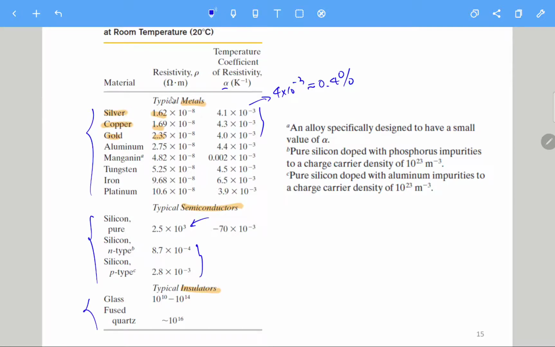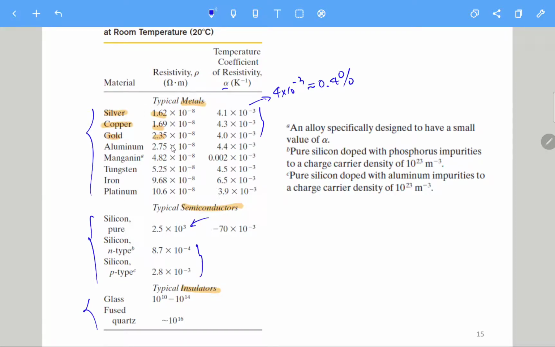Actually, we like to use the semiconductor as the material for the circuits we use for designing our computer or smartphone or whatever circuit, because the semiconductor is controllable.